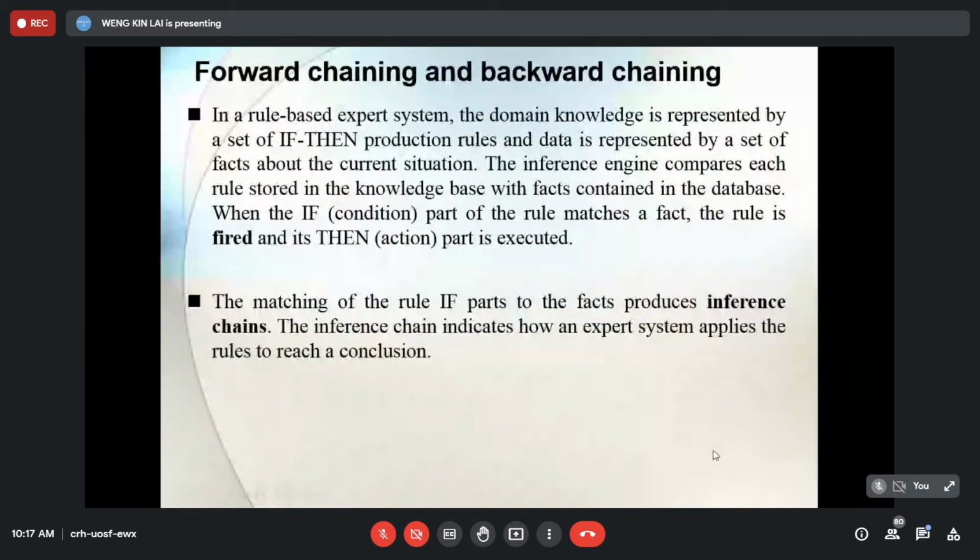Okay. Now, as I said before, there are 2 methods for reasoning in the rule-based expert system. As I said before, the domain knowledge is represented by a set of if-then production rules. That's how we represent the knowledge. It will be in the form of if-then. Of course, there can be more than one condition, that's why you use either the and or the or functions. And the data is represented by a set of facts.